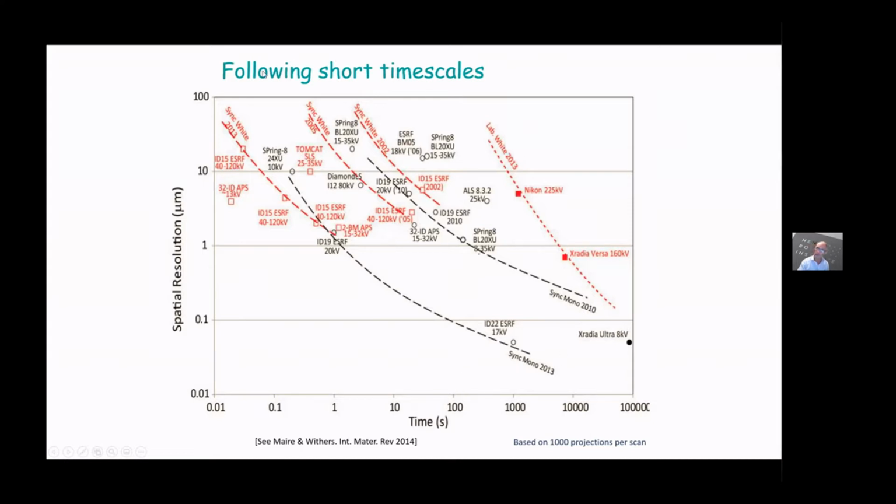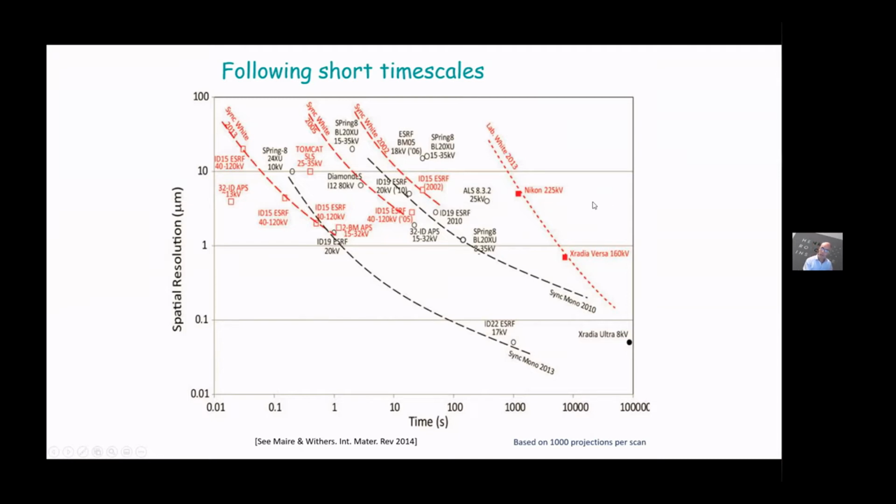So if we look, you can see that the high speed imaging is done at synchrotrons, and the lower speed and lower frame rates tend to be done in the lab. But nevertheless, even in the lab, at 10 microns, you can acquire images in minutes. Of course, this was produced 7 years ago.